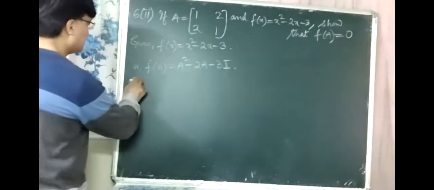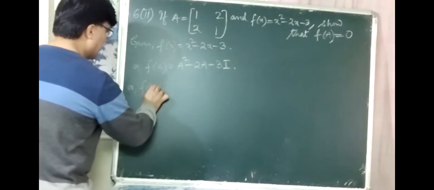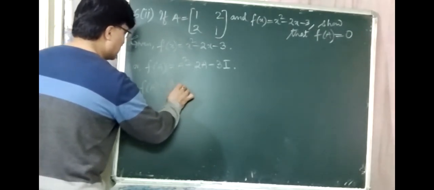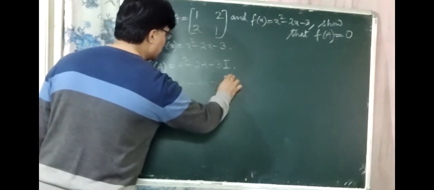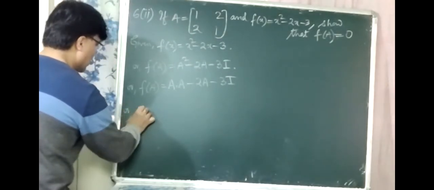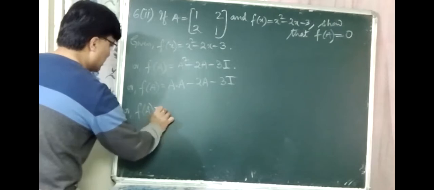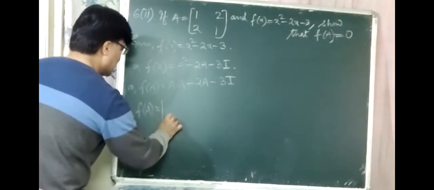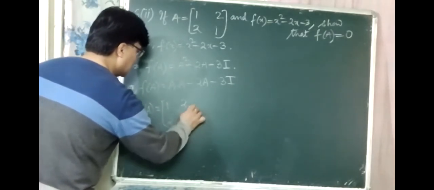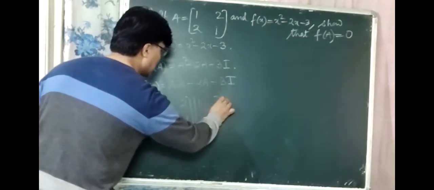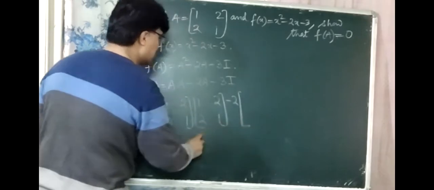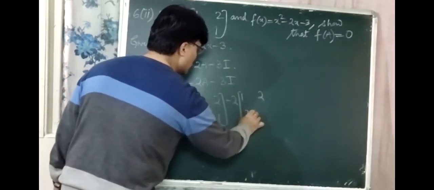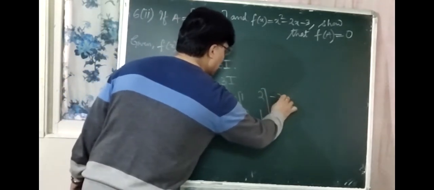Or f of A is equal to, this is your A dot A minus 2A minus 3I, right? What is A in this case? It is 1 2 2 1, again it is 1 2 2 1, minus 2, what is A? 1 2 2 1, minus 3, what is I?